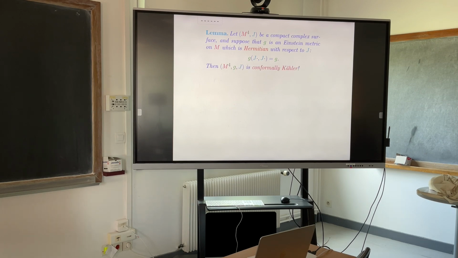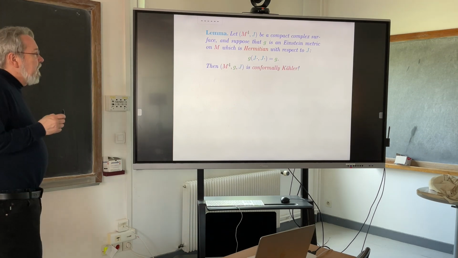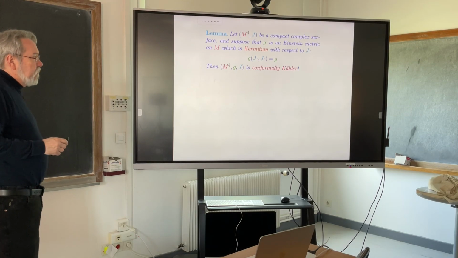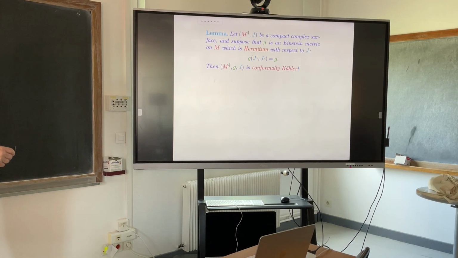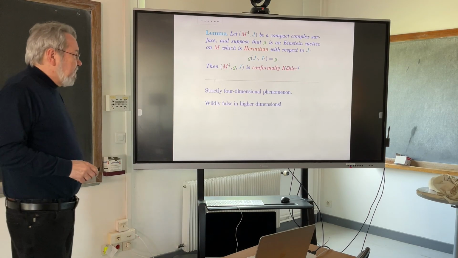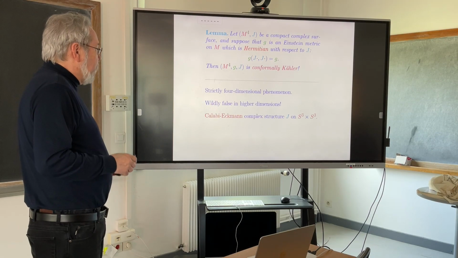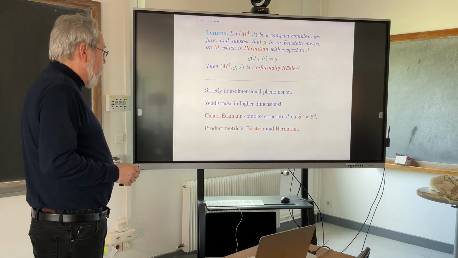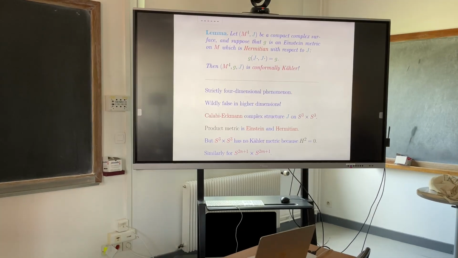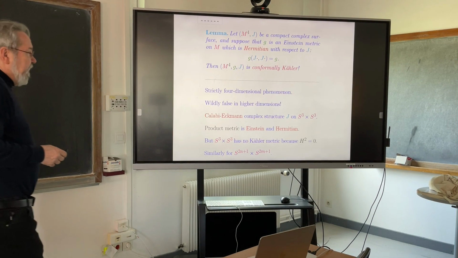As I mentioned before, there is this important lemma that if it is Hermitian in complex dimension 2, an Einstein metric must be conformally Kähler. As I emphasized, this is a strictly 4-dimensional phenomenon. It does not work in higher dimensions. What happens in higher dimensions is completely open to investigation.